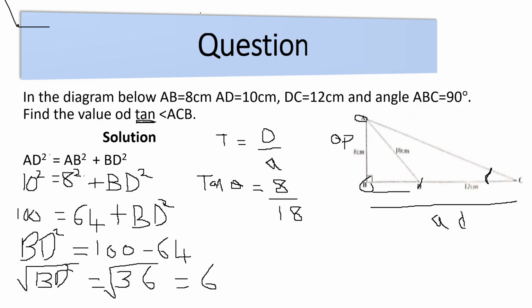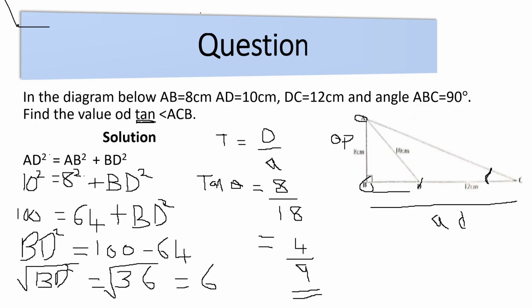You can simply reduce this by dividing by 2: 2 into 8 gives 4, then 2 into 18 gives 9. So that's our tan angle ACB. That's the answer: tan ACB is equal to 4/9. This is how we work out trigonometry in paper 1.